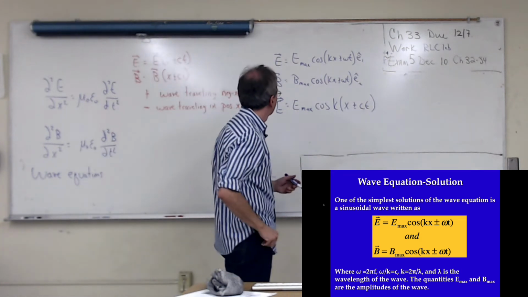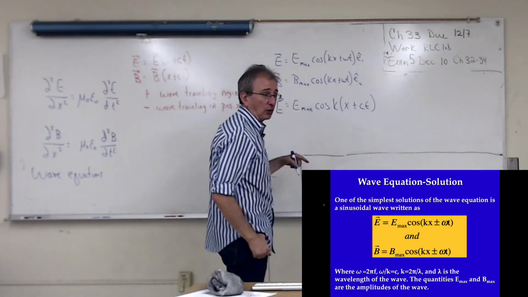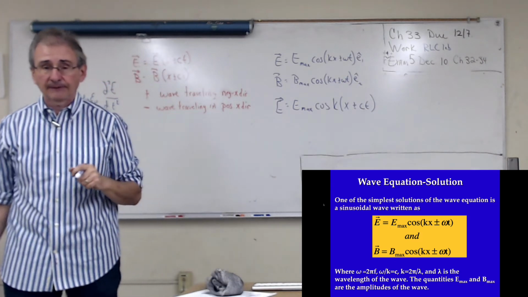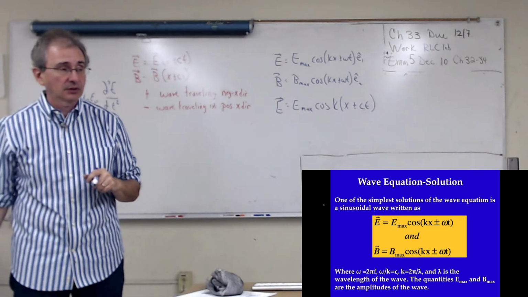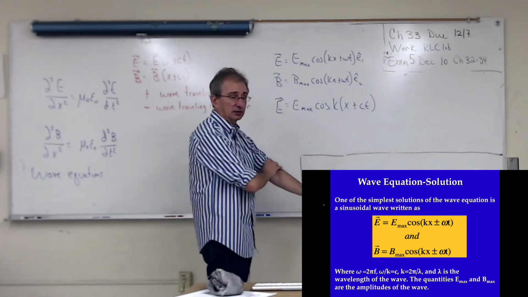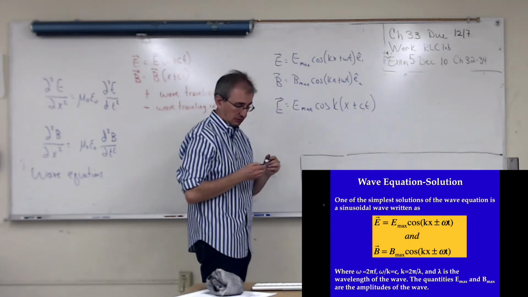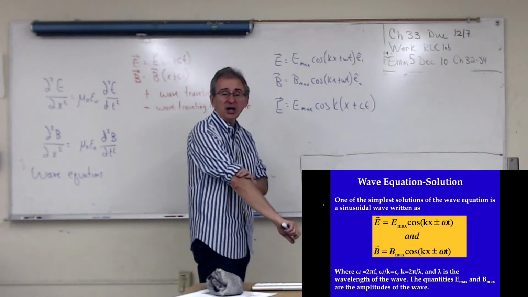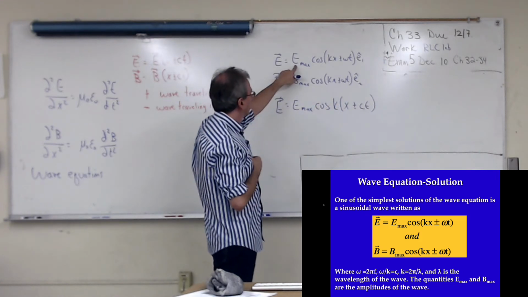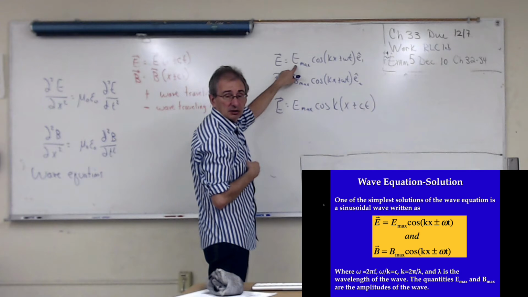Okay. Now, these represent waves that are far away from the source. And one of the things that's weird is that the amplitude is constant. In reality, it's not. But when you're really far away from the source, this doesn't change much.